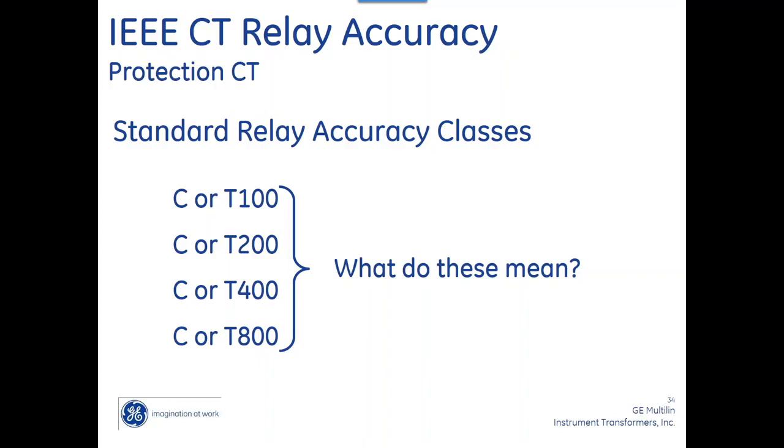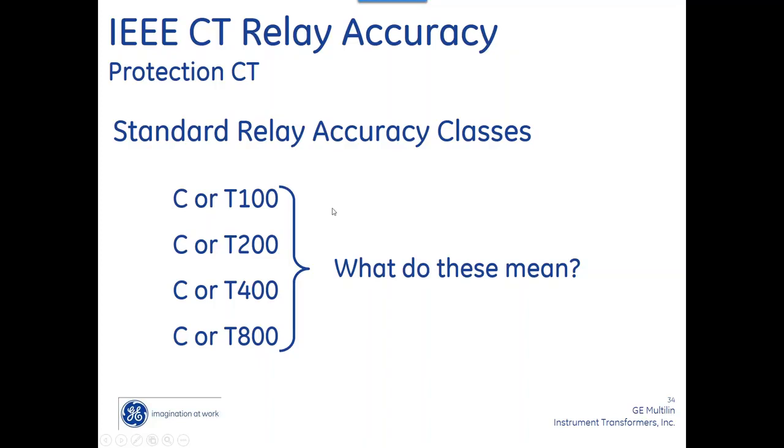For metering, if metering's real critical, yes, with a metering CT I could actually lower it if I have a rating factor on it. So yeah, you've got to look at your application. Okay. All right. Any other questions on metering CTs?